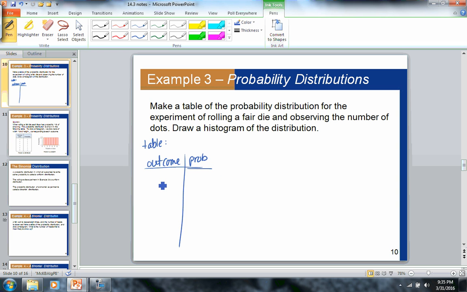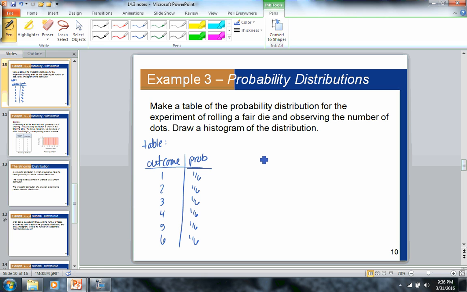So the outcomes are that we could roll a 1, 2, 3, 4, 5, or 6. And the probability of that, if it's a fair die, would be 1 out of 6 for each of them. Okay, so not a super challenging distribution here.